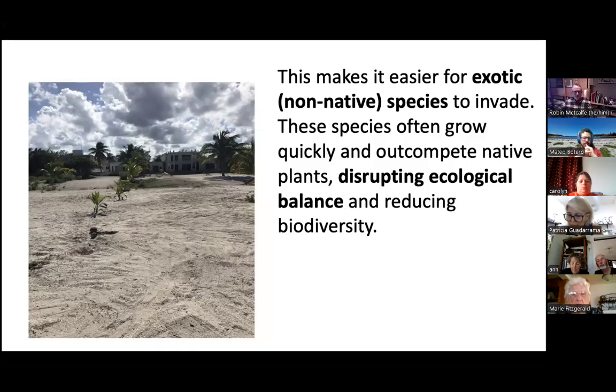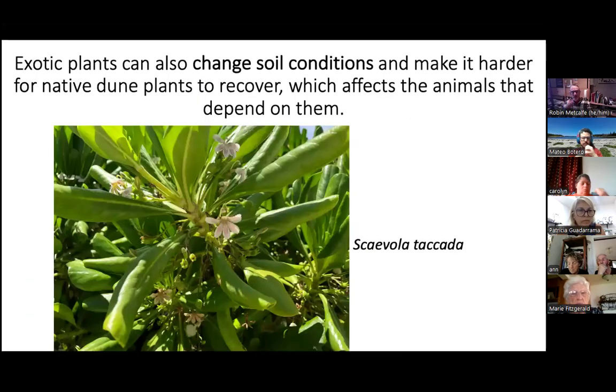In this image, you can see exotic palm trees used in Sisal, on the beach of Sisal, to divide land. And another exotic plant you can see in Sisal is Scaevola taccada.